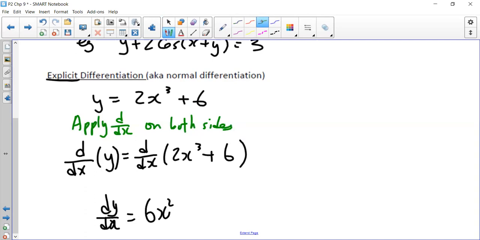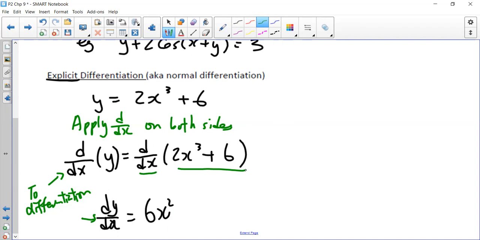Well, d by dx means to differentiate. It's an action symbol, an instruction to differentiate what's coming up. So d by dx of y means to differentiate y with respect to x, and we get dy by dx. And to differentiate 2x cubed plus 6, we get 6x squared.